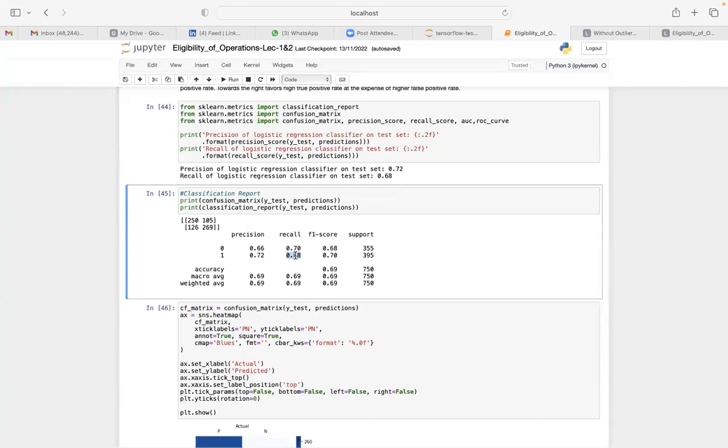In most of the cases where you're not sure whether you can choose precision or recall, you can always take a harmonic mean, which is basically an F1 score, and say that we're not sure business wise which one would be the best option. So you can go for F1 score. Okay. So that's a way out in terms of statistics. But yeah, obviously, if you are very sure, and just like we are very sure in this case that we need to take care of recall, then obviously we do the recall.